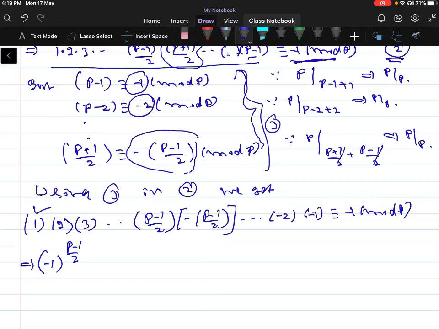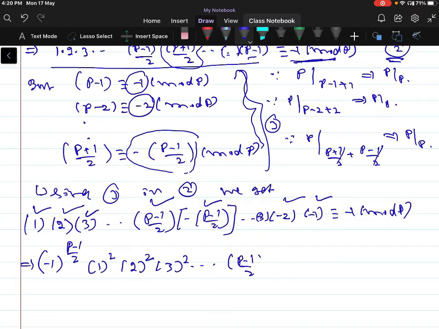So here 1 and last term 1, that can be written as 1 square. Second term with the last but one term, 2 into 2, that is 2 square, minus sign already taken outside. 3 and the previous term, minus 3 will be here, so 3 square, and so on. (p-1)/2 into (p-1)/2, that is ((p-1)/2) whole square, is congruent to minus 1 modulo p.